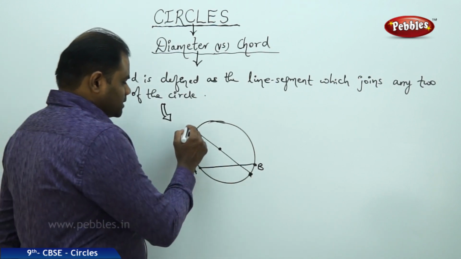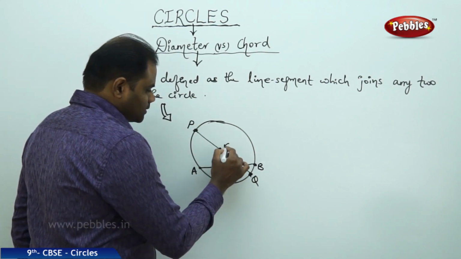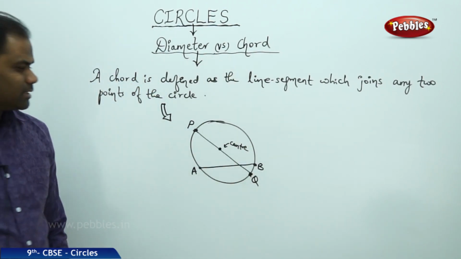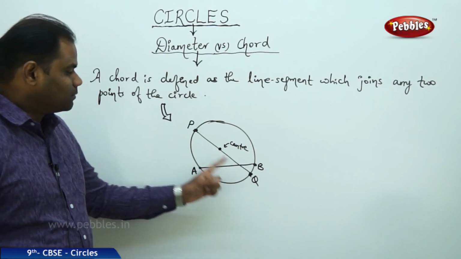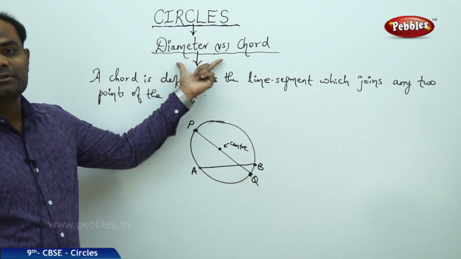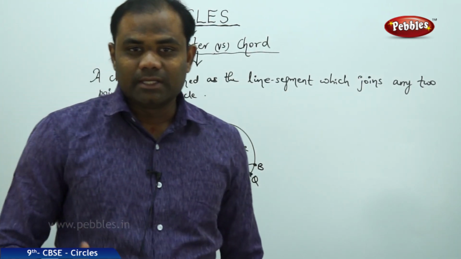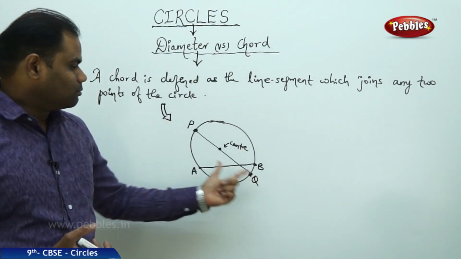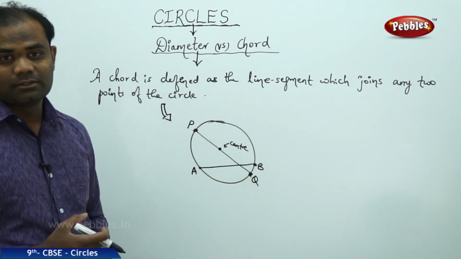So if I take the line segment PQ passing through the center, then clearly I can say that PQ is a special chord for the circle and PQ is given the name diameter, because any line which passes through the center of the circle is a diameter, and hence the special chord PQ passing through the center must be the diameter for the circle.